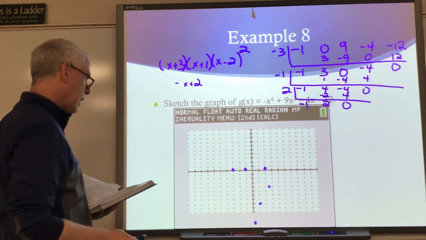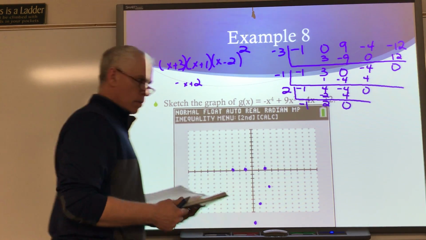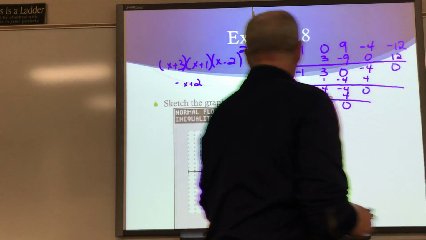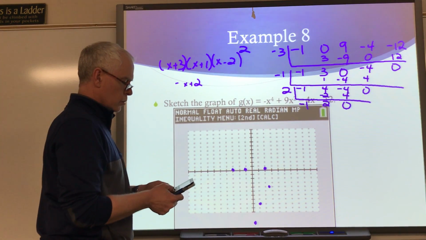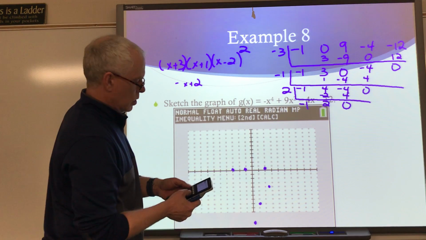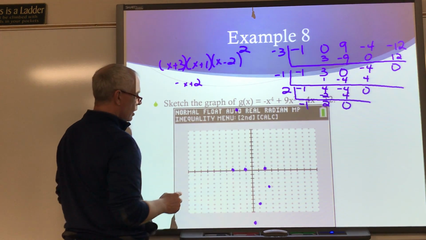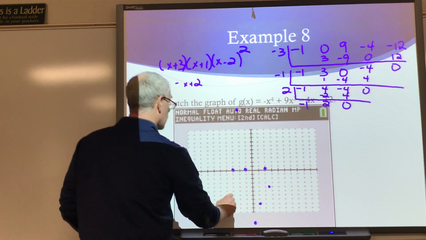Okay, so we've kind of got some points that we're looking at here. What did we evaluate negative 2 at? 16. So this one was really high. This was up here somewhere. Okay, and we know we're going down, down. Okay, and so at negative 3 we're going to cross.